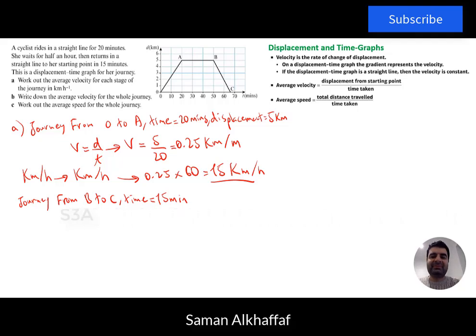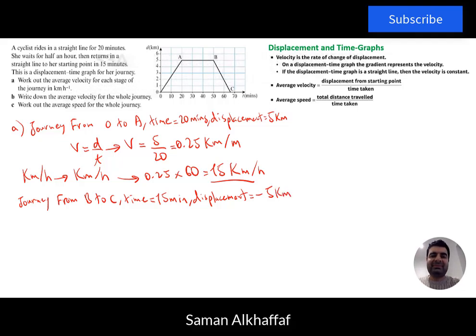Now in terms of the displacement, it will equal minus 5 kilometers, because it is getting reduced, as it is coming back to 0.